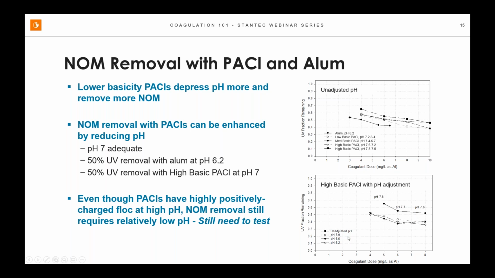If we add a little bit of acid to drop it to 7, 6.5, 6.2, even just dropping it to 7 provides pretty much the same organics removal as we had with alum at 6.2. So even though those PaCl still have highly positively charged flock, the NOM removal still requires a lower pH, so you still need to test this. So it's a balance between making sure you get the right basicity of the PaCl and the final pH of coagulation. You've got to test it in some jar tests to see what works.